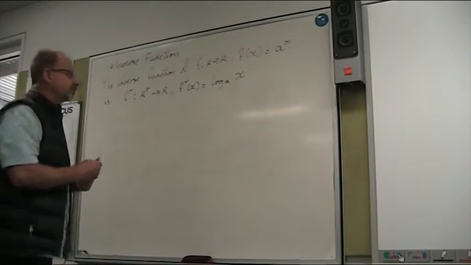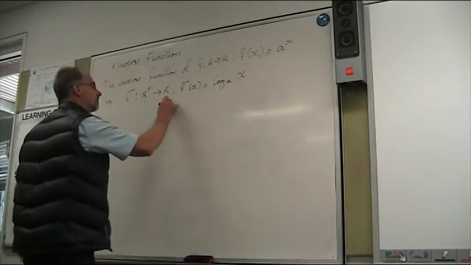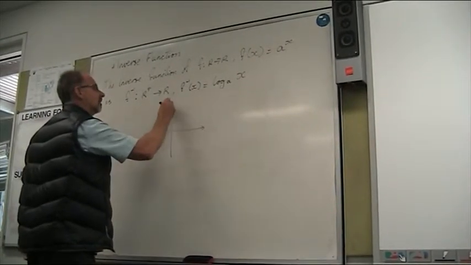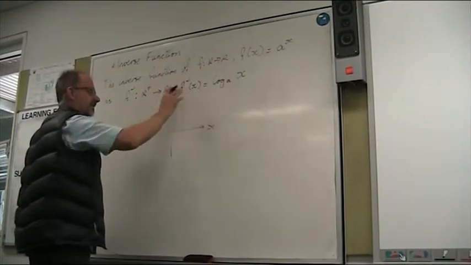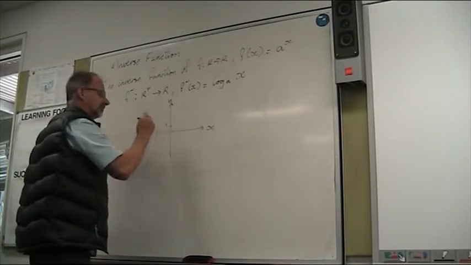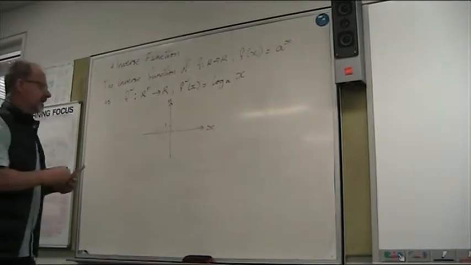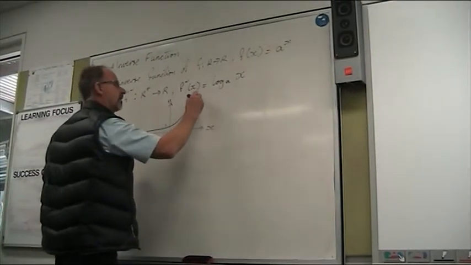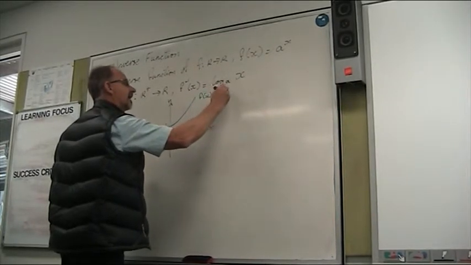Okay. So if they are inverses of each other, let's draw the graph. Our f(x), which is a to the x, is this.